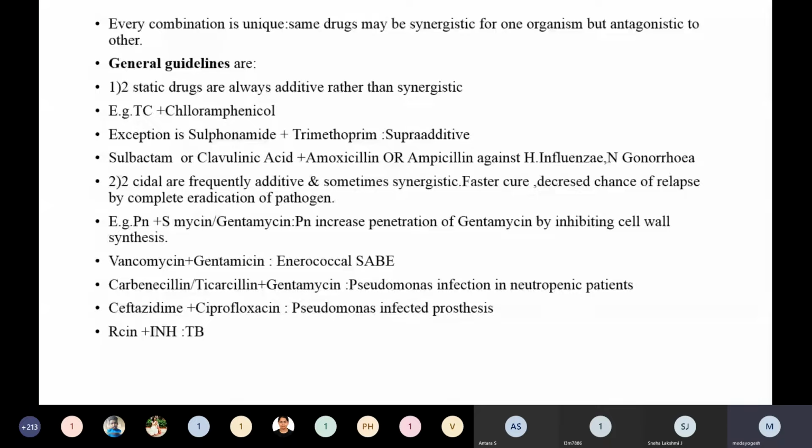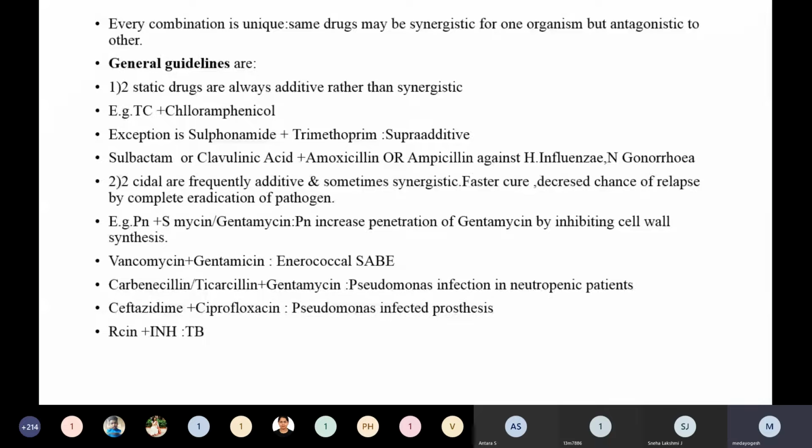Secondly, two cidal drugs are frequently additive and sometimes they are synergistic. So here we get faster cure, decreased chance of relapse by complete eradication of the pathogen. Examples, we can combine penicillin with streptomycin or gentamicin.